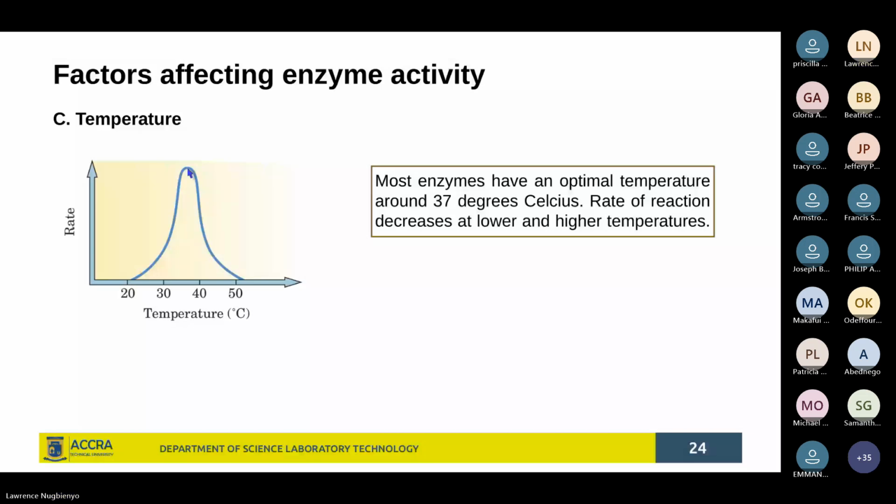But when the temperature increases to 40, 50, you see the rate of the reaction is reducing. Yes, the rate of the reaction is reducing because of the explanation I just gave you, because the proteins, which are the enzymes, will begin to get denatured. And when they are denatured, they become inactive. They will no longer be able to catalyze those reactions.